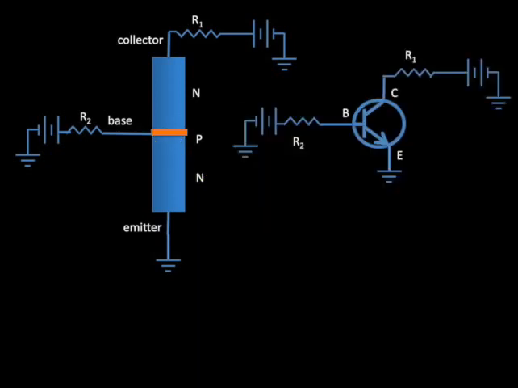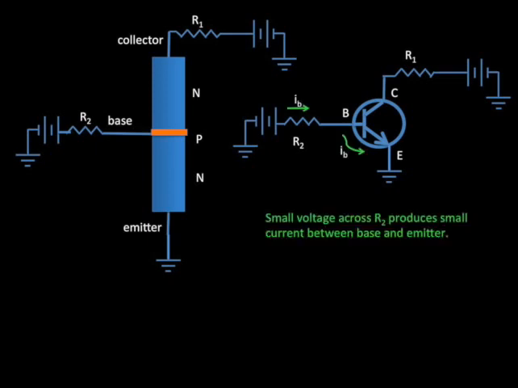Here's the schematic symbol that represents a bipolar NPN transistor. The arrow in the symbol points in the direction of forward biasing the base emitter junction. Recapping again, a small voltage across R2 produces a small current between the base and the emitter. This sweeps the electrons from the emitter through the base to the collector.